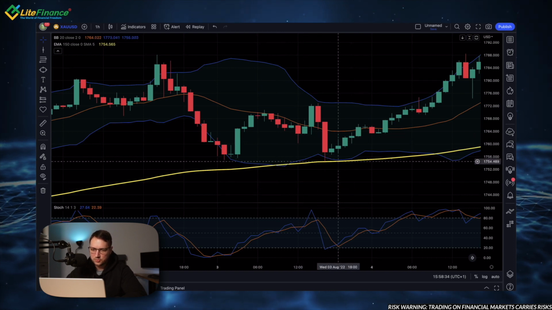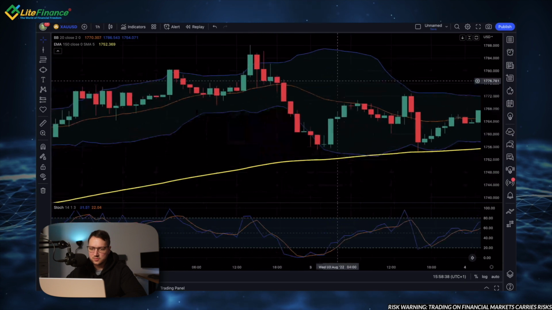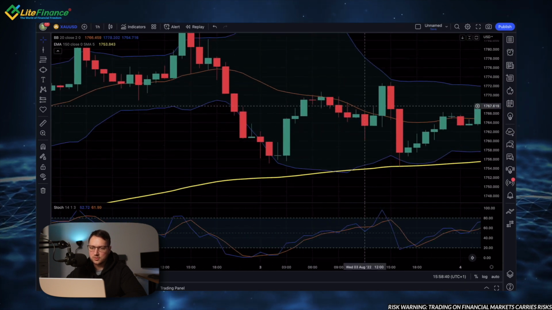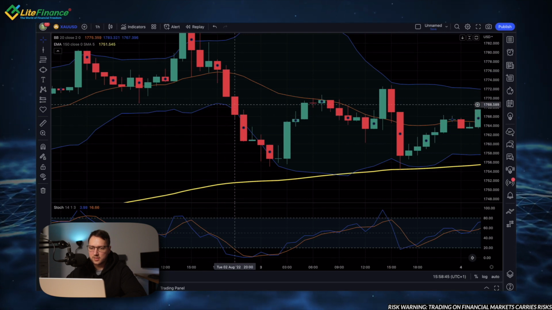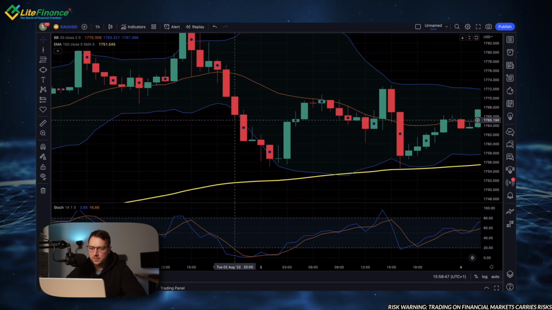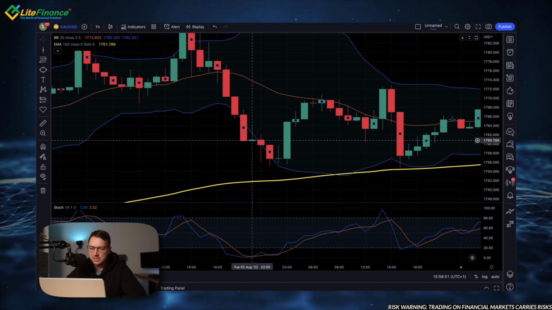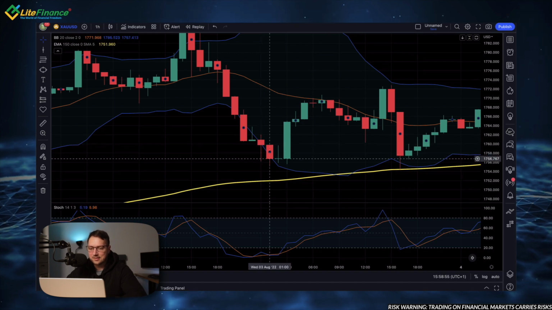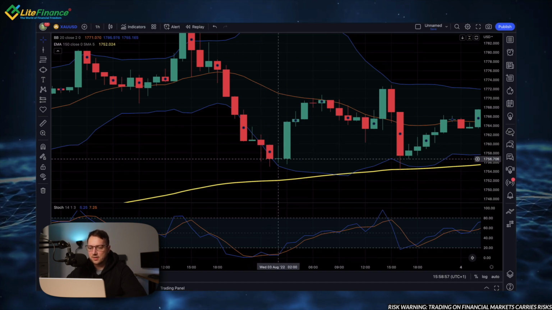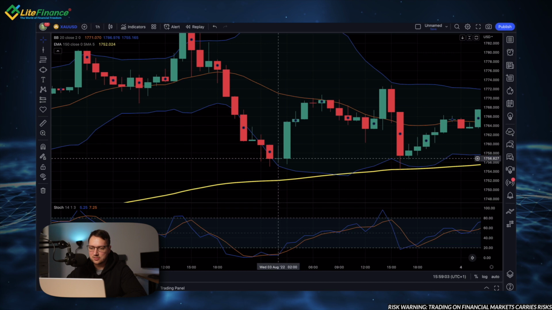So we have two already over here. Let's check the first one on the left. We have a clear short-term downtrend. The price went outside the Bollinger Bands, the candle closed outside, again closed outside, again closed outside or at the Bollinger Band, and this first candle closed inside the Bollinger Bands channel.